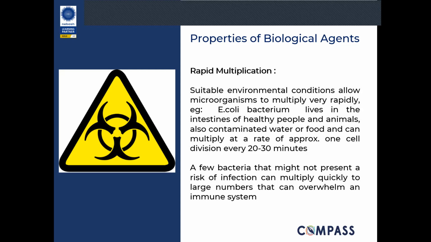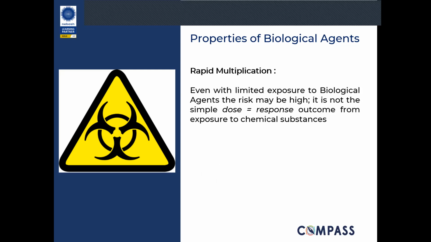So can the body respond effectively and quickly to this multiple growth? Even with limited exposure to biological agents, the risk may be high. It's not the simple dose, but its ability to multiply rapidly. So the simple dose response equals the response outcome from the exposure to the chemical substances, biological agents, and also the immune system.